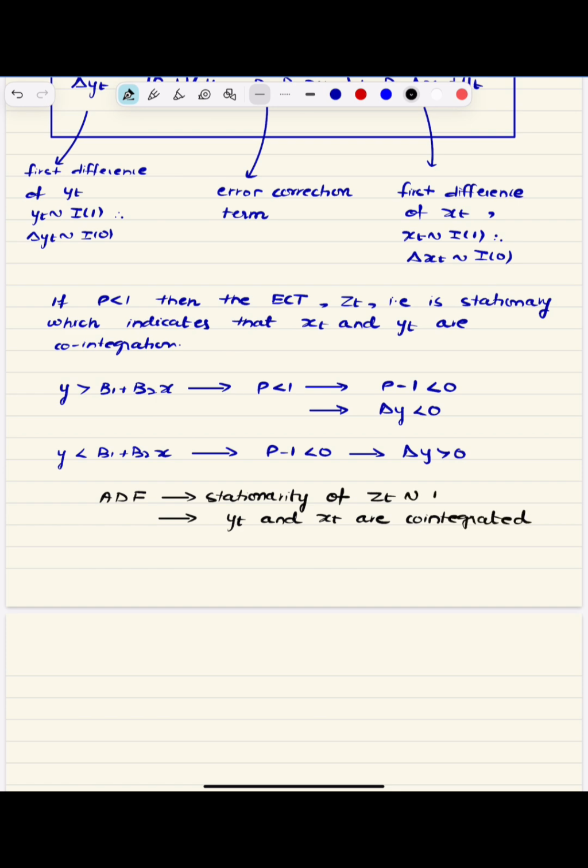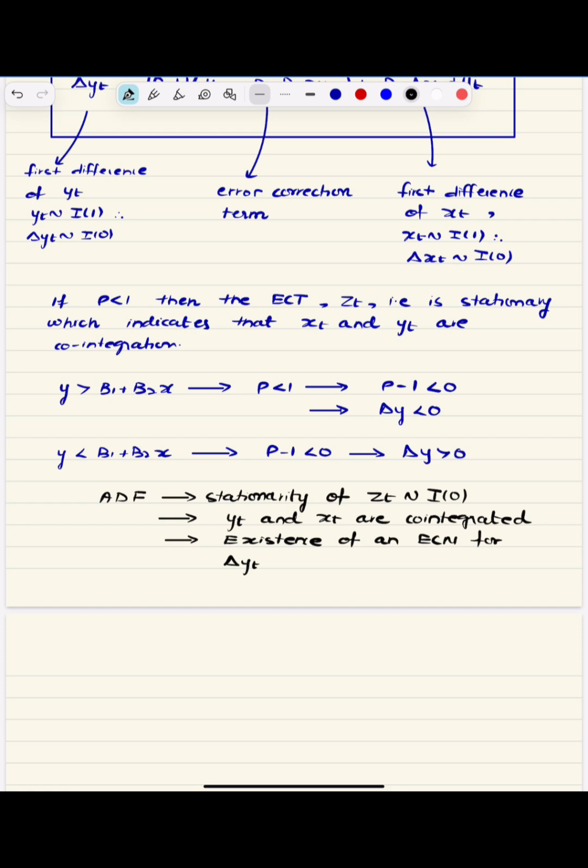The stationarity of the error term ensures that they do have a long run equilibrium, and therefore this tells us about the existence of an error correction model for any change in y due to any kind of error. Okay, so I hope this was easy enough to understand.